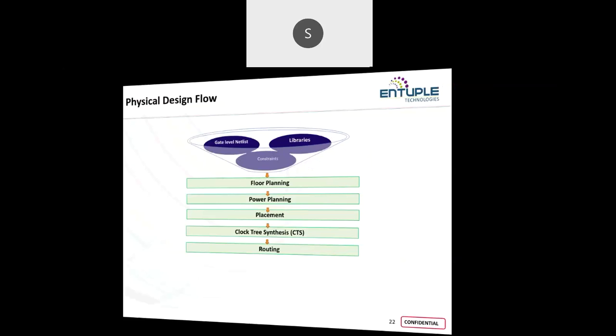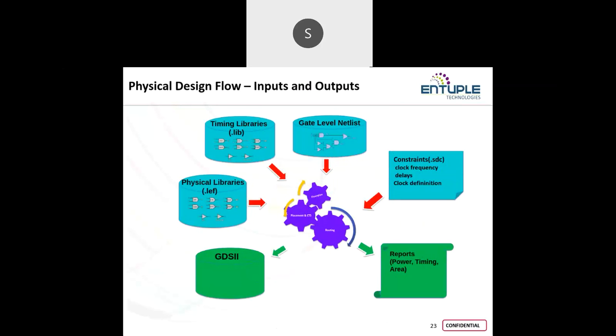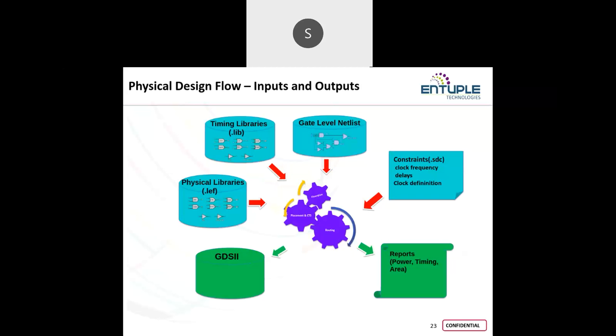Moving further, the inputs required for the physical design process are the gate level netlist and the SDC constraints. The gate level netlist and the SDC constraints are generated from the synthesis tool. Usually this is a block level SDC. I'll show you the picture and representation of your block level SDC afterwards.